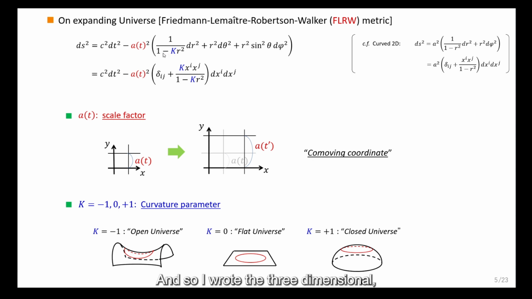So I wrote the three-dimensional constant curvature case like this. If you want to consider just a Cartesian coordinate, you can relate this form to this part. But anyway, the important parameters are k and a for constant curvature spacetime.